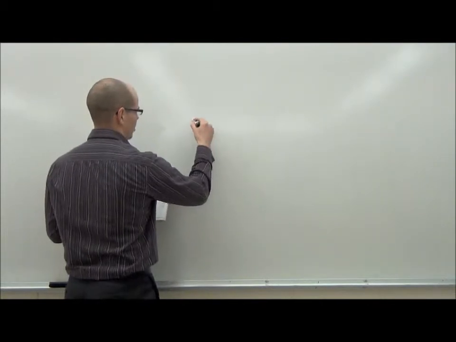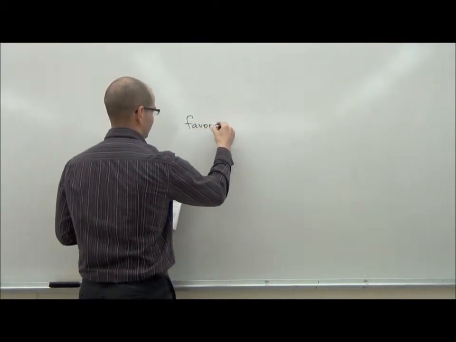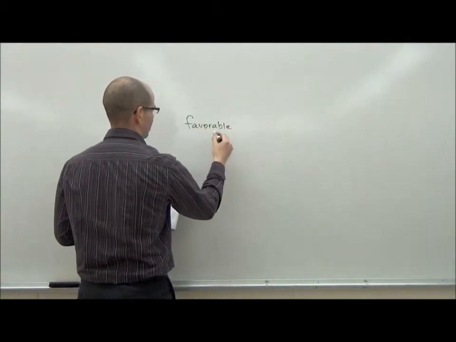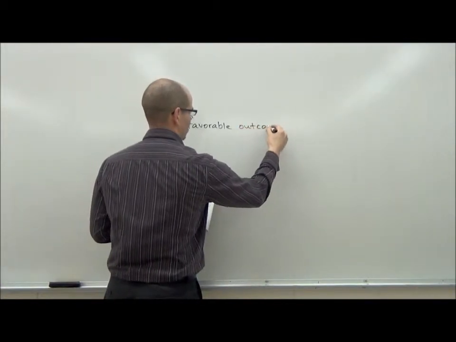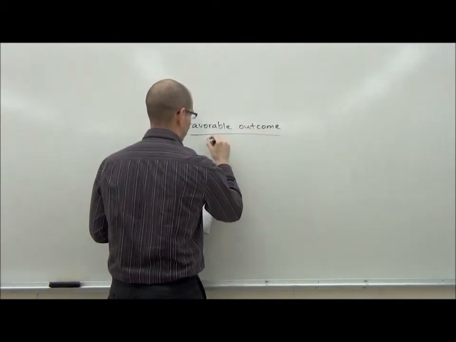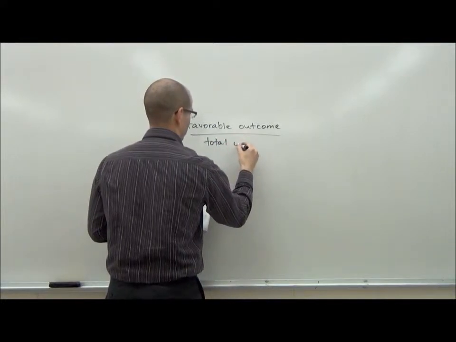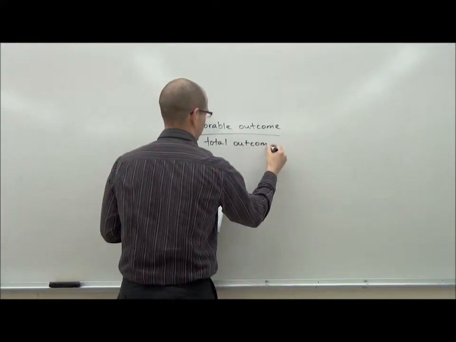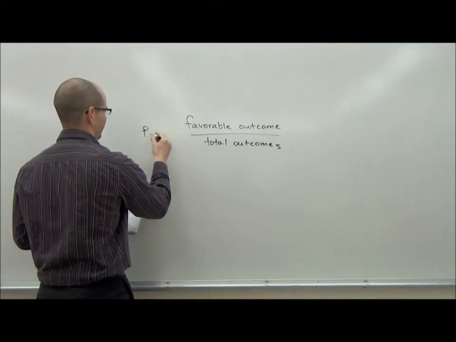Simple probabilities mean we're just going to basically look for favorable outcome, so whatever's the thing we're looking for, over the total outcomes. Okay, and that's the probability of our event.